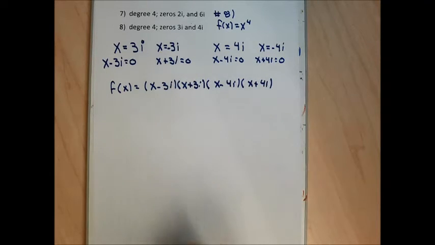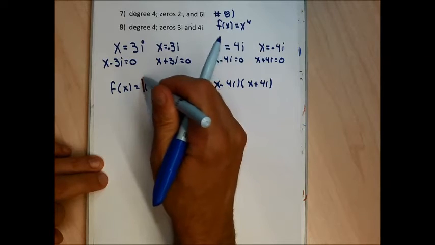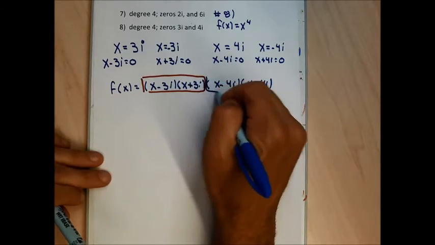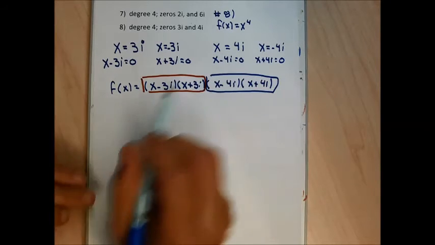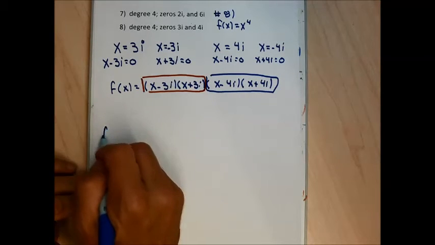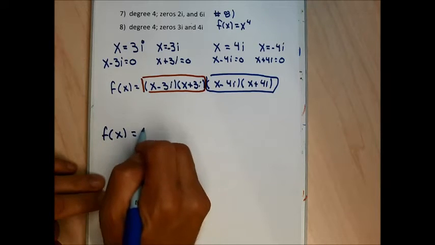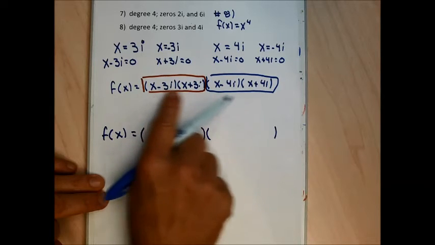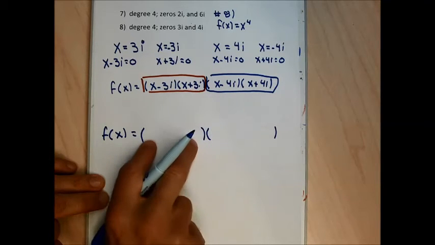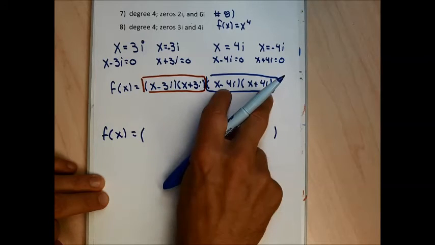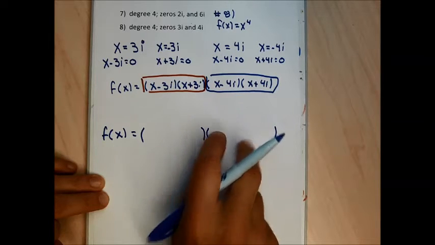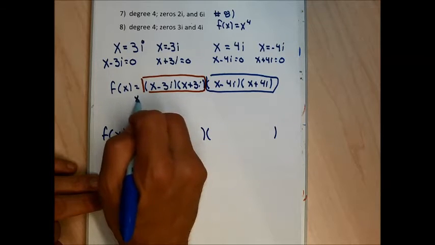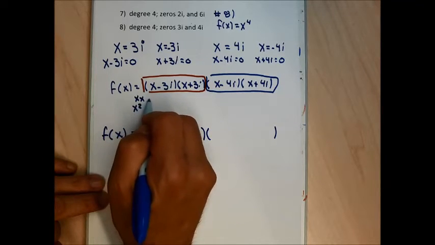When I go to multiply these, I'm going to be clever. I'm going to multiply these two together first, and then those two together second, and then I'm going to do an ugly multiplication. So first I'm going to multiply these two, and I'm going to FOIL them and put that result in my first parentheses. I'm going to multiply this pair second, put that result in my second parentheses. So for this, I'm going to do firsts, outers, inners, and lasts. Firsts are x times x, which is x squared.